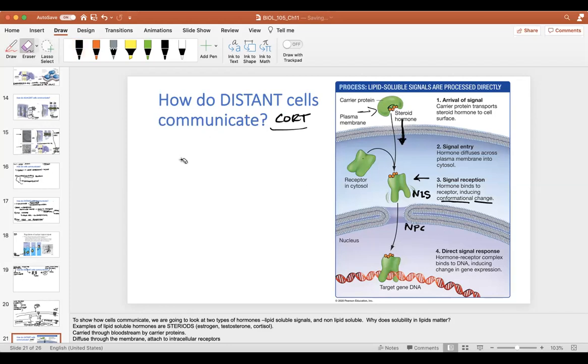So once this entire unit makes it into the nucleus, it will find target genes, and it will work to turn those genes on or off to adjust the function of the cell so that your body functions under stress, okay? So what we have here is an example of a lipid-soluble hormone, and it had the effect of changing gene expression.